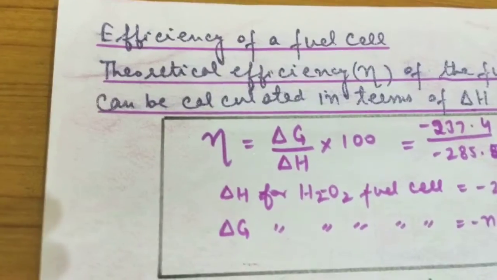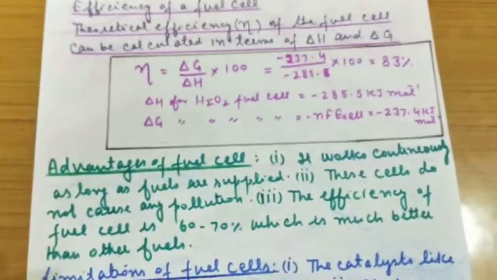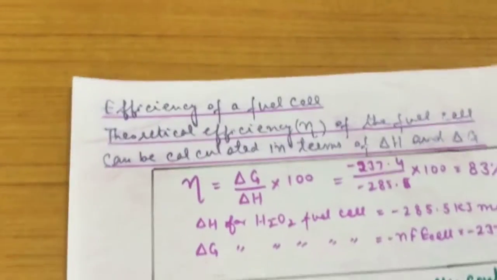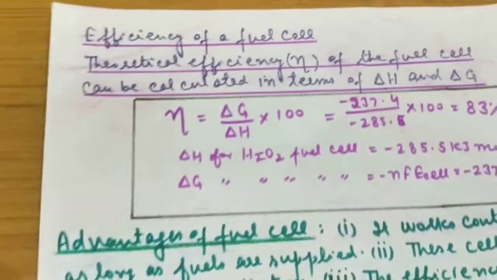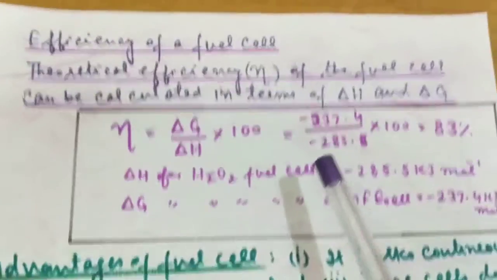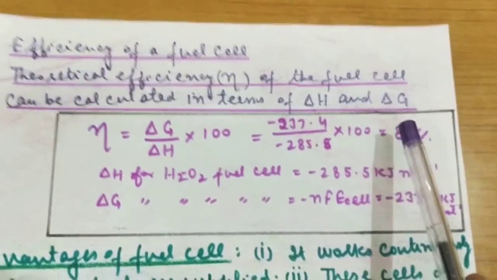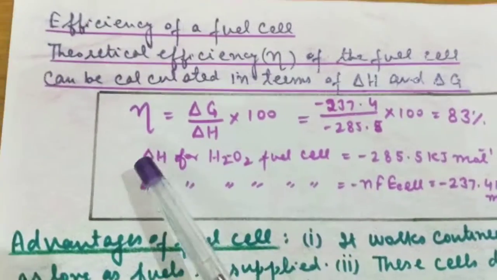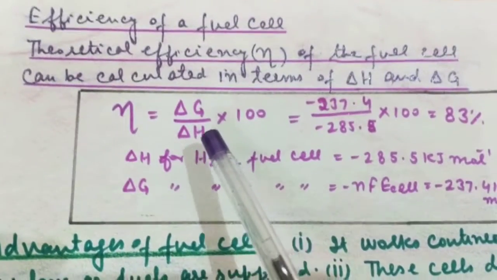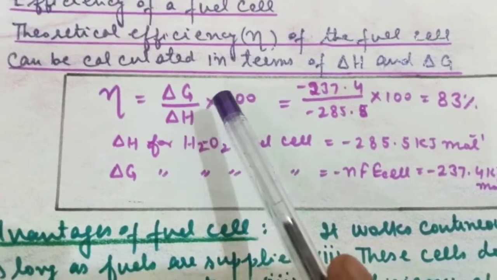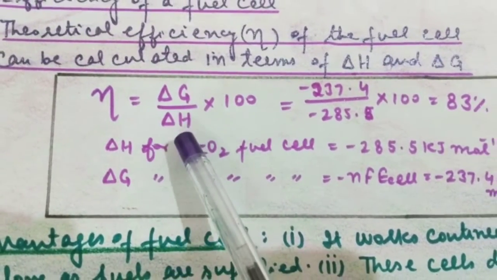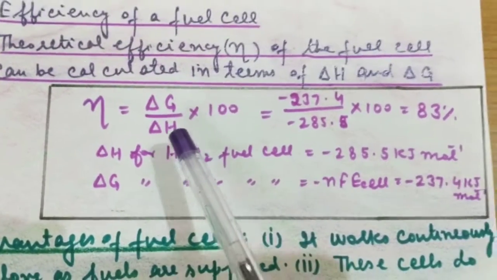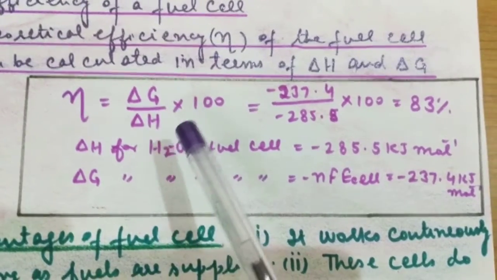In the fuel cell, the efficiency of a fuel cell can be calculated in terms of two thermodynamic quantities, delta H and delta G. Efficiency is denoted by eta, which is delta G divided by delta H, times 100. Delta G is the useful work which can be obtained from a cell, and delta H is the change in enthalpy or heat change.